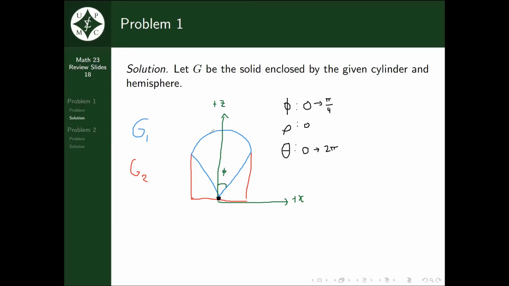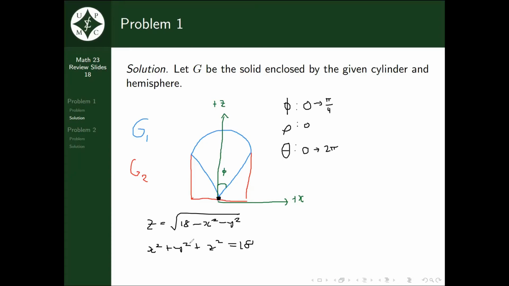Well, the upper bound, as we mentioned earlier, is just this hemisphere, which has the equation z is equal to the square root of 18 minus x squared minus y squared. So again, if you rearrange this, we get x squared plus y squared plus z squared equals 18.